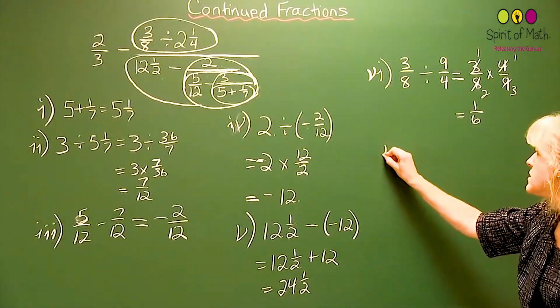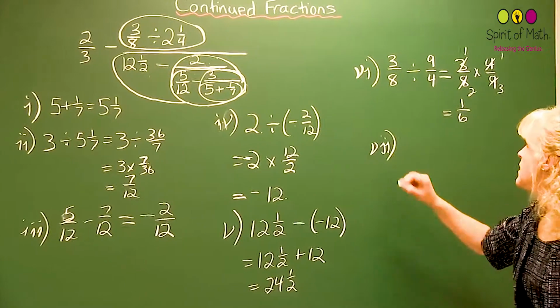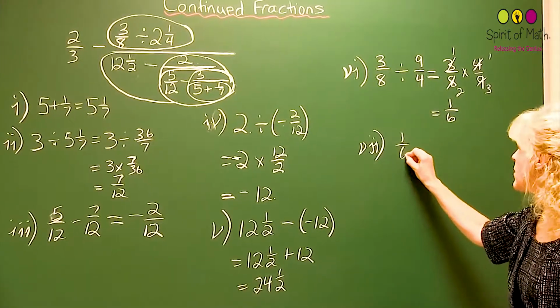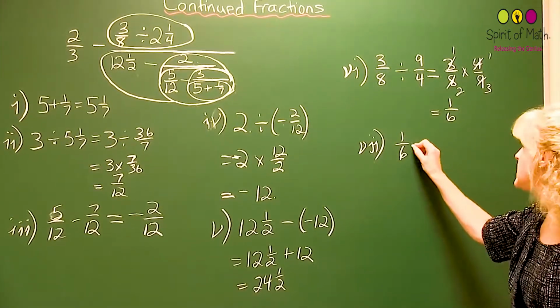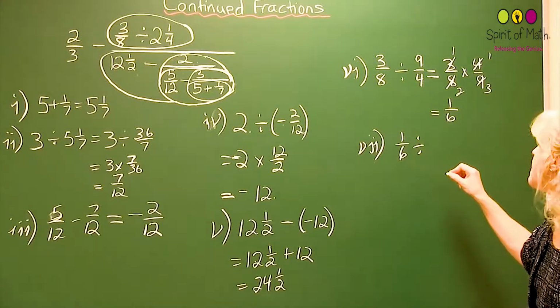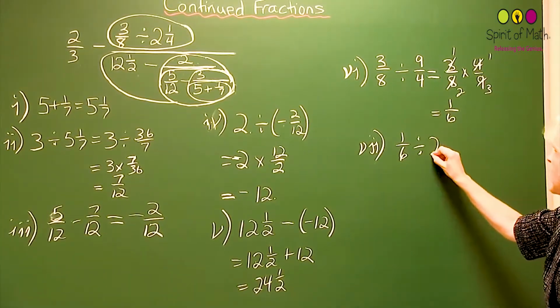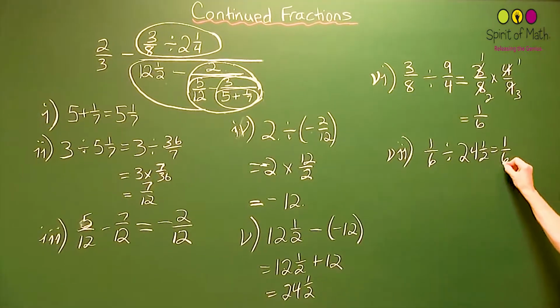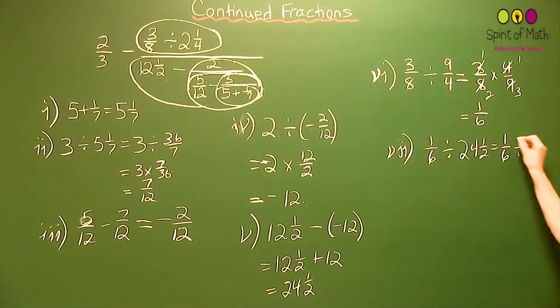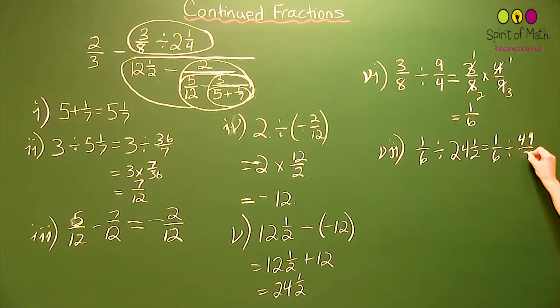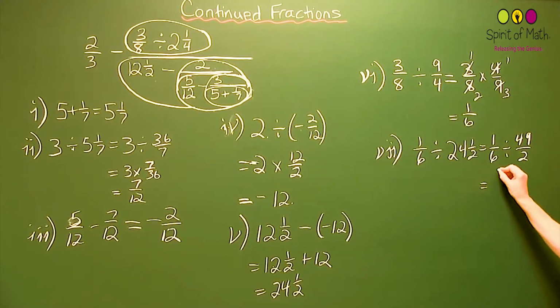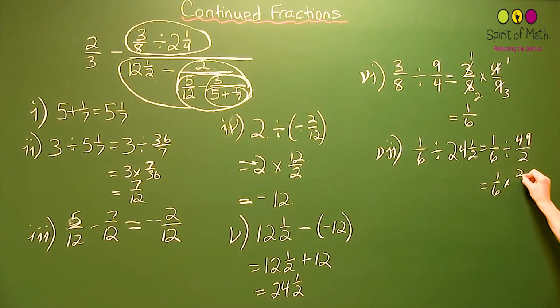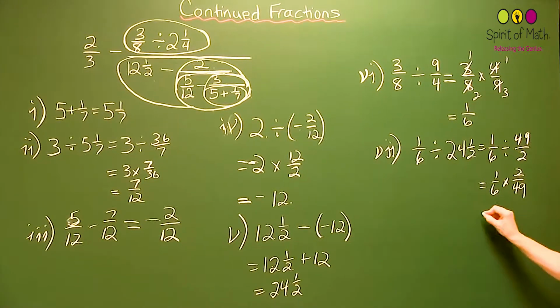So let's do that. You've got 1/6, and that's divided by 24 and 1/2, which is 1/6 divided by 49 over 2, or 1/6 times 2 over 49.